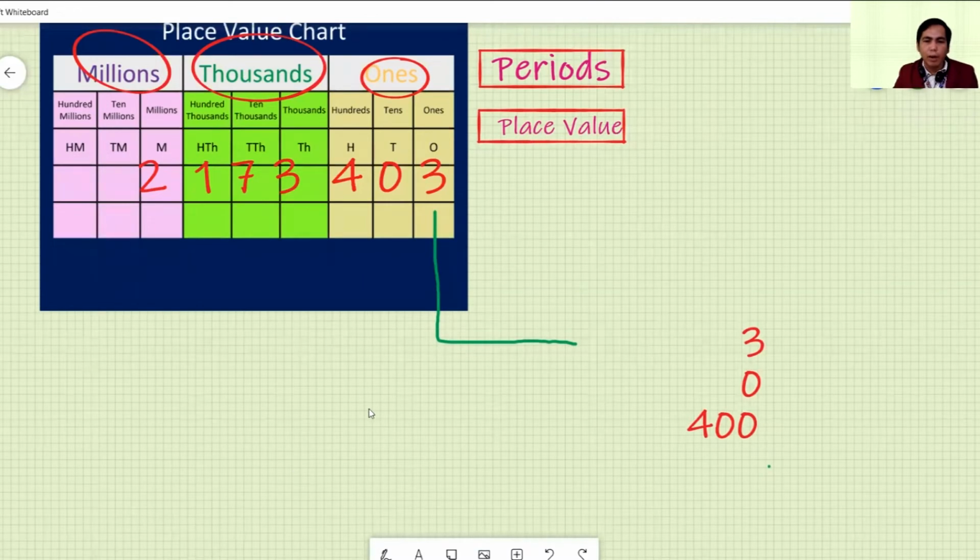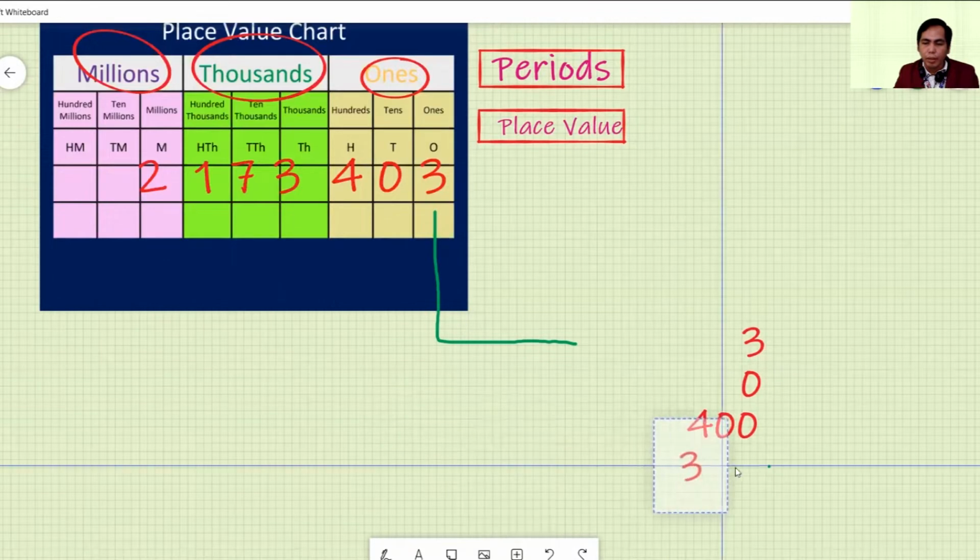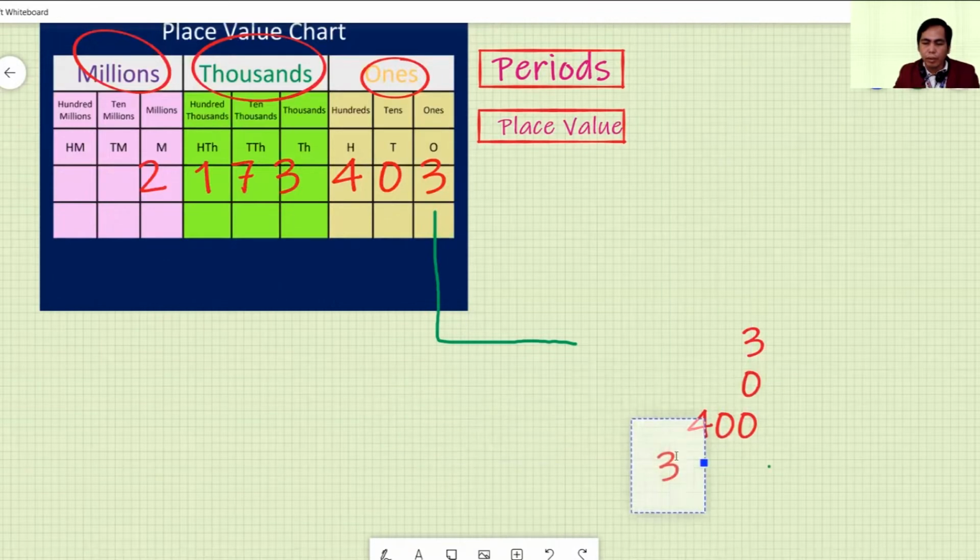While 3, which is found in the thousands place, or 3,000s, 3 times 1,000, has a value of 3,000.